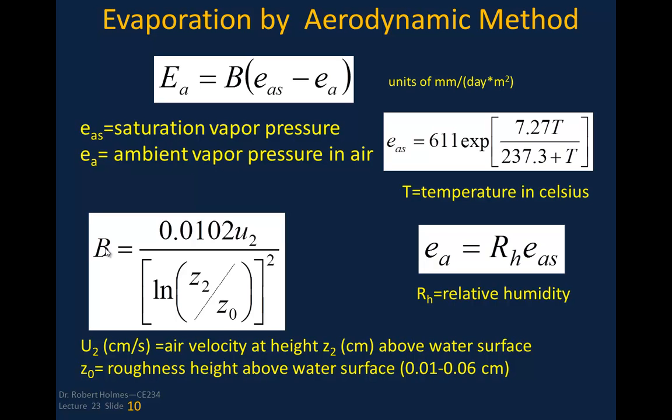And so if you look at this, we're going to be multiplying 0.00102 times the velocity of the air at a height Z2 above the water surface, and then I divide that by the log of the elevation at which the velocity of the air was measured above the water surface, divided by Z0, which is a roughness height above the water surface, typically 0.01 to 0.06 centimeters when you're looking at air moving across a water surface.